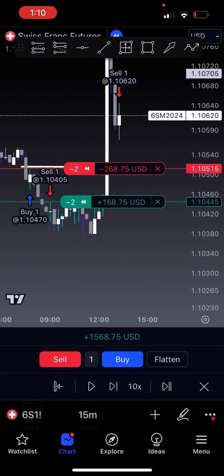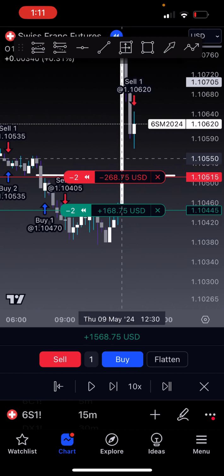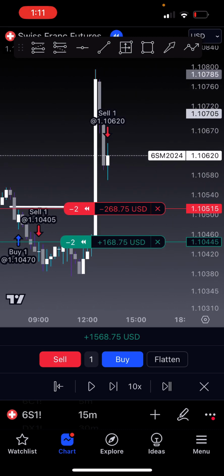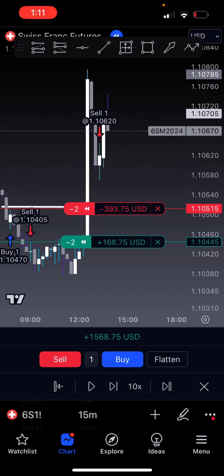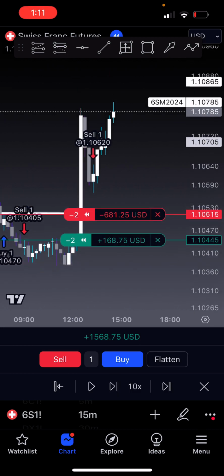But as you can see, even on a candle like that, because our position size is so small, even though it went all the way up, we weren't in an insane amount of drawdown. I mean, let's just say this was a $2,500 account. That drawdown wasn't insane, right? So, let's see here. It's going to keep going up.